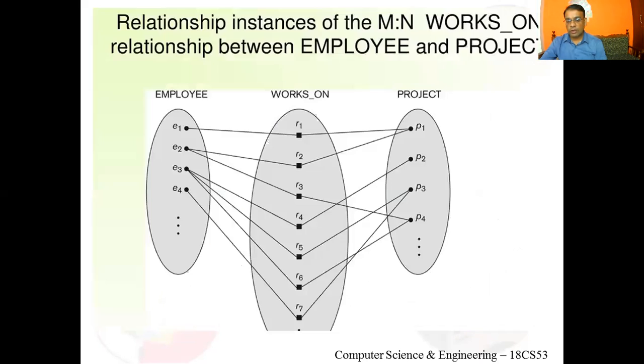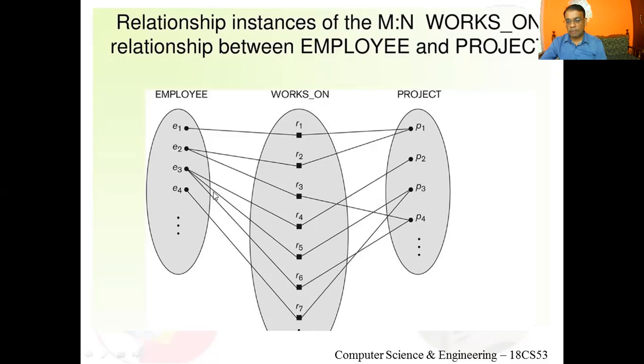We go for works on. See here, n employees, E1 in D2, work for P1. That means n employees work for one project. The reverse is also possible. You can see here, E2 is working on P1 as well as P4. Here, E3 is working on P2, P3, P4.